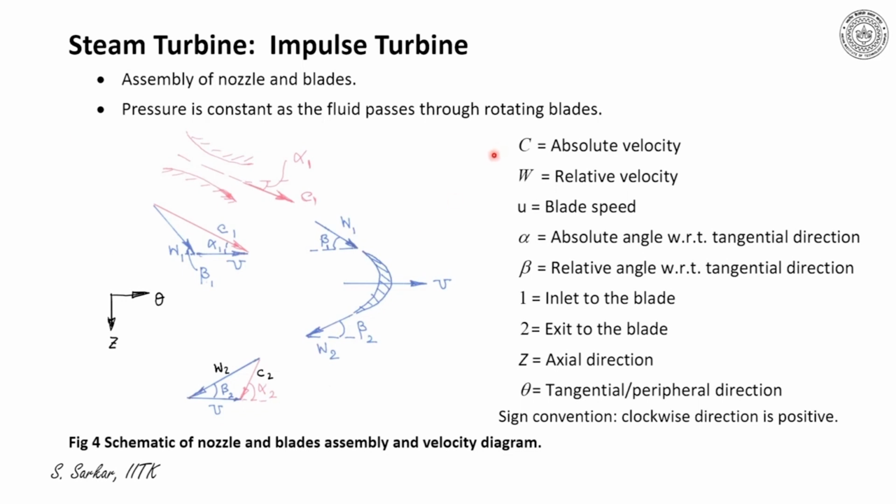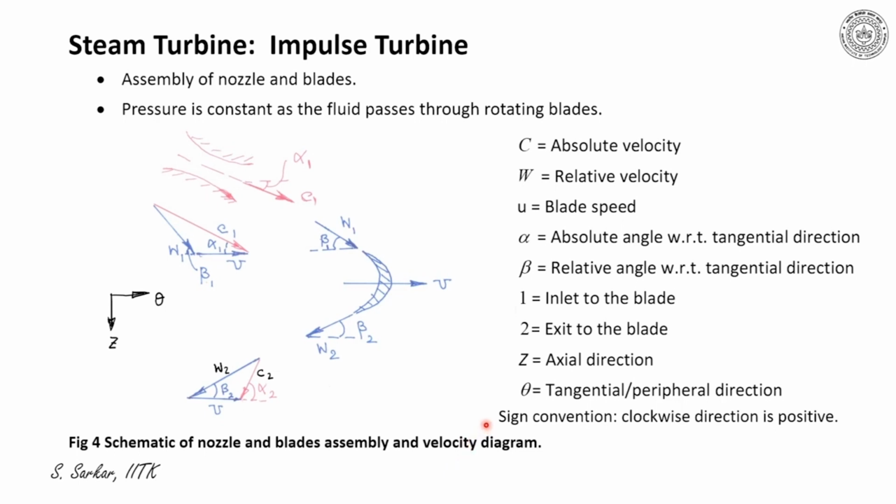I have indicated C as absolute velocity, W is the relative velocity, U means the blade speed, alpha indicates the absolute angle with respect to tangential direction, beta means the relative angle with respect to tangential direction, 1 indicates inlet to the blade, 2 means exit from the blade, Z is the axial direction and theta be the tangential or peripheral direction.